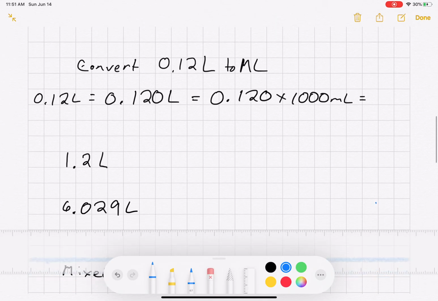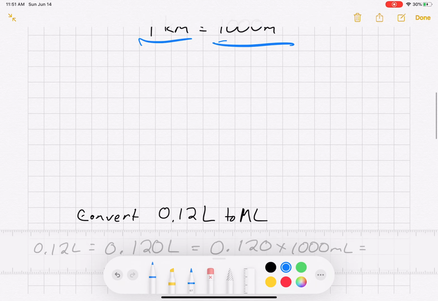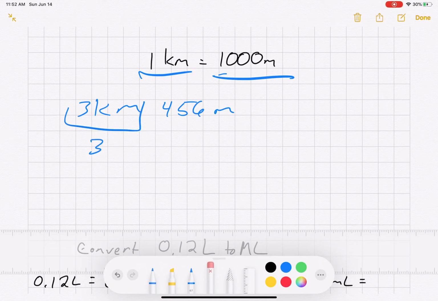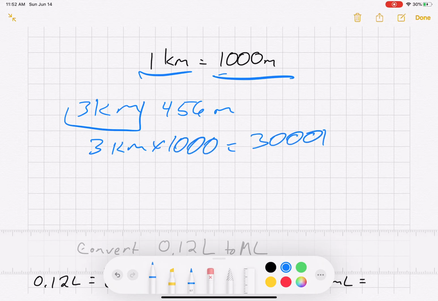So if I'm going to convert, say I had 3 kilometers and 456 meters, I would multiply 3 kilometers by 1,000, and that would equal 3,000 meters, and then I would just add them together.